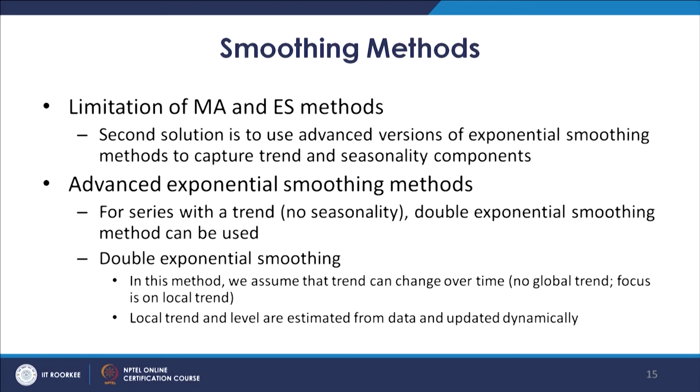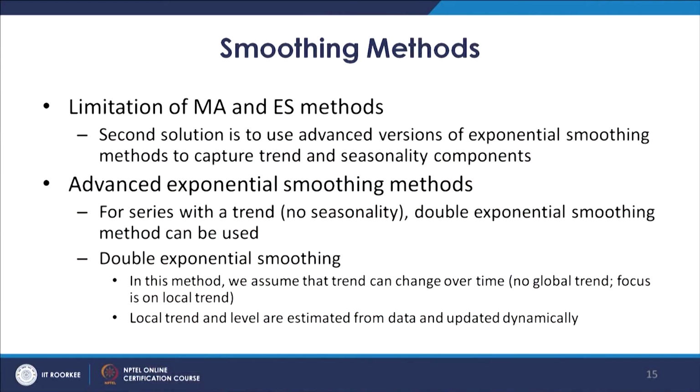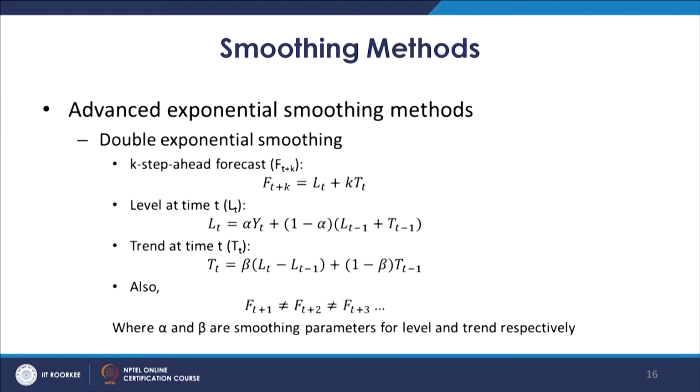A local trend and level are estimated from data and updated dynamically. In the earlier simple moving average and simple exponential smoothing, we were typically able to forecast only the level component, but here both trend and level components are estimated from data and updated. Let us have a look at the equations here.